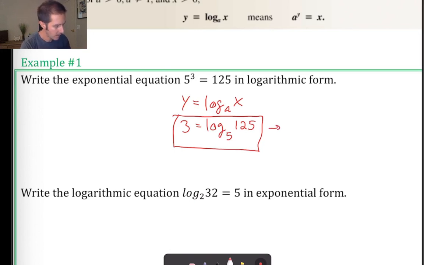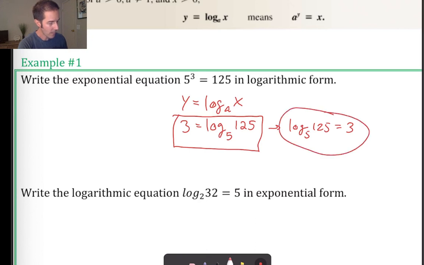Very often you'll see this written sort of flip-flopped, and you'll see it written as log base 5 of 125 equals 3. I prefer to write it in this second format. It's the one that I'm most used to. So even if I saw the statement written this first way, I would tend to rewrite it this way.